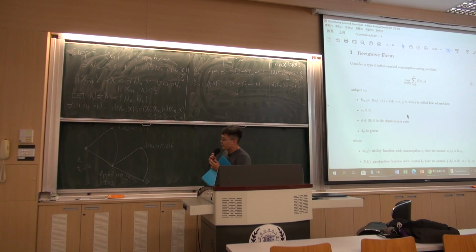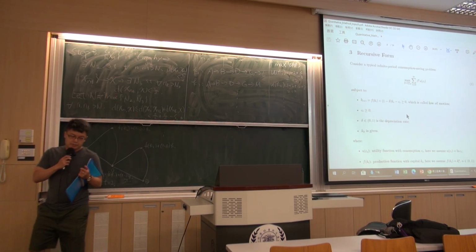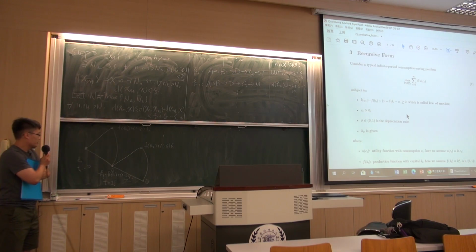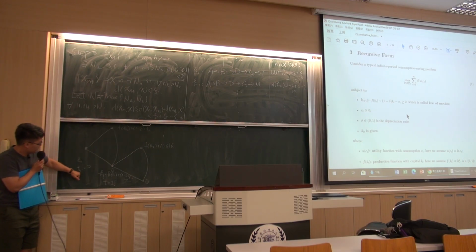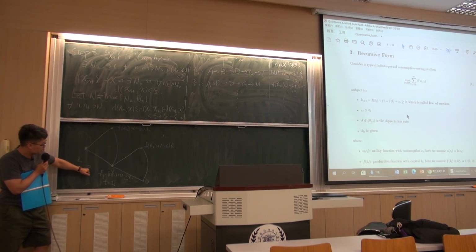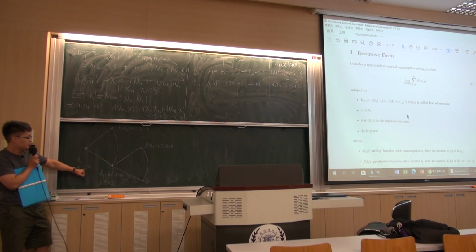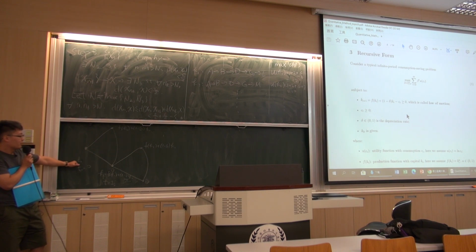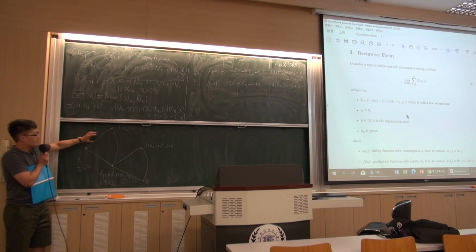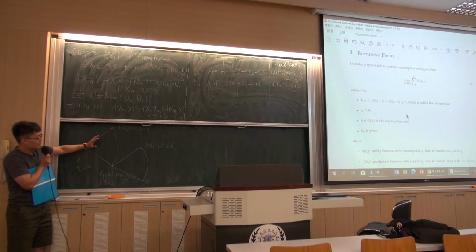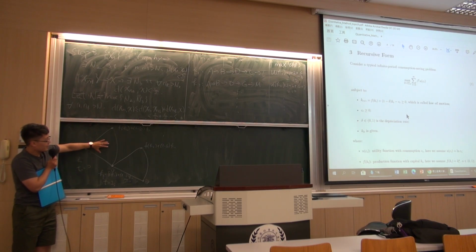Okay, so it looks like this one. Right now, you stand at this point, which is t. The time is t equals 0 here, with the capital you have on your hand, which is given, k_0. Okay, and you are going to decide how much to consume. So what does the feasible set or choice set look like?